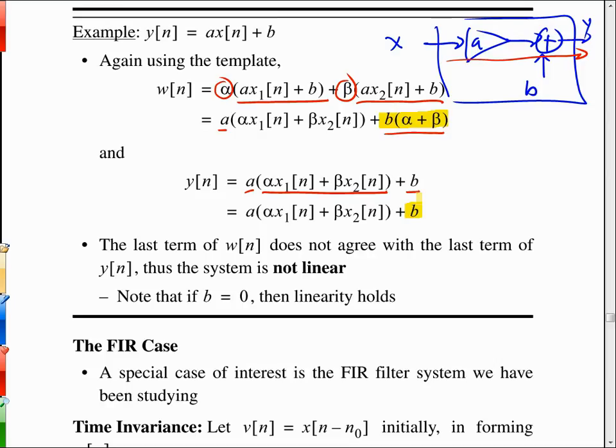And you see why? Now, what could we do to make this system linear very easily? If we had control of it, what could we do? We don't have control over alpha and beta because, for linearity to hold, by the way, I didn't say it, alpha and beta have to be any finite numbers. So we can't rig it up by making alpha plus beta equal to 1, for example.